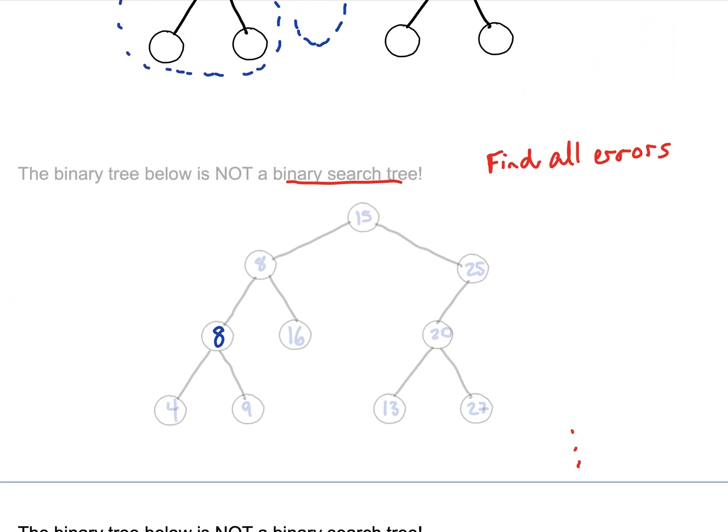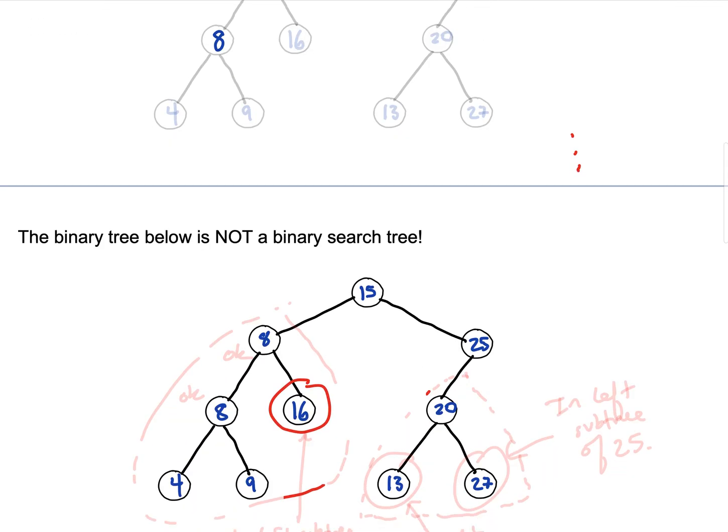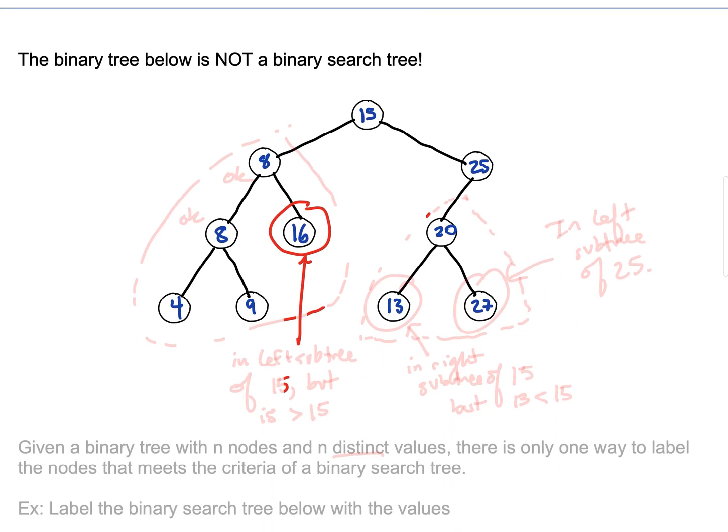Okay, so let's see. Why is this not a binary search tree? Well, first of all, here is this value 16, and 16 is in the left subtree of 15, but is greater than 15. So that is one error.